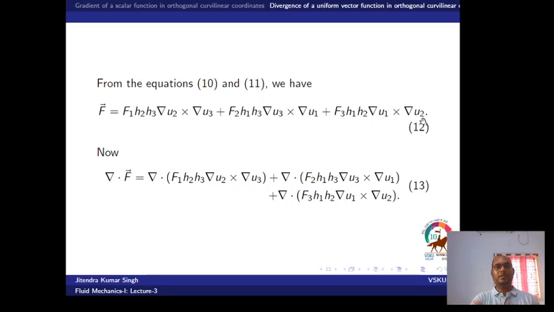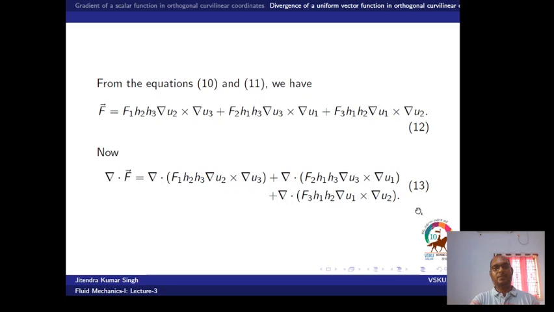Now we have to find the divergence of this vector f. So divergence of f is equal to divergence of f1 h2 h3 grad u2 cross grad u3, plus divergence of f2 h1 h3 grad u3 cross grad u1, plus divergence of f3 h1 h2 grad u1 cross grad u2.